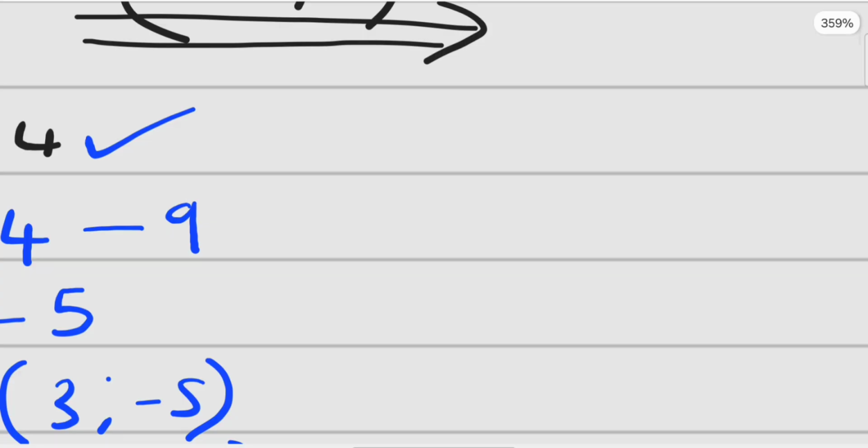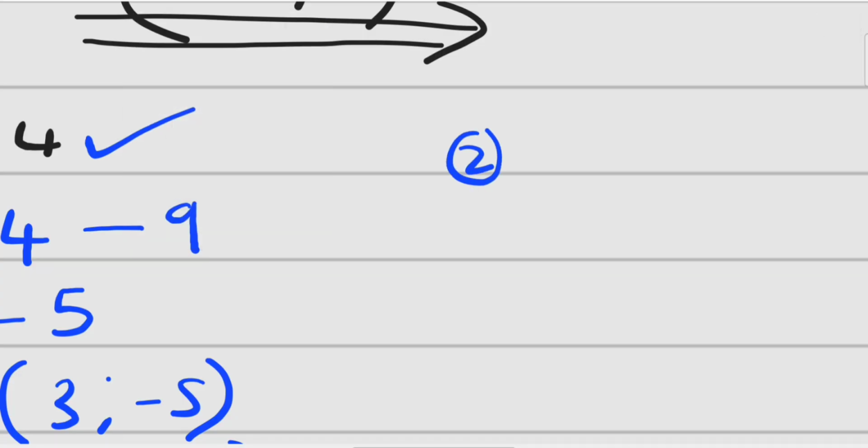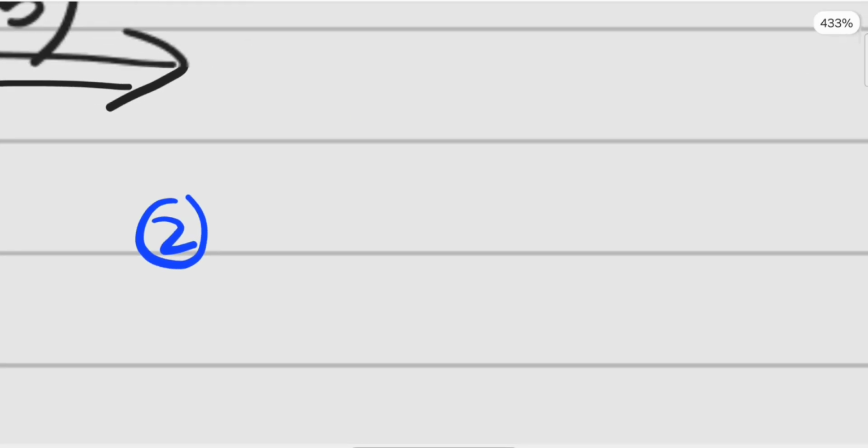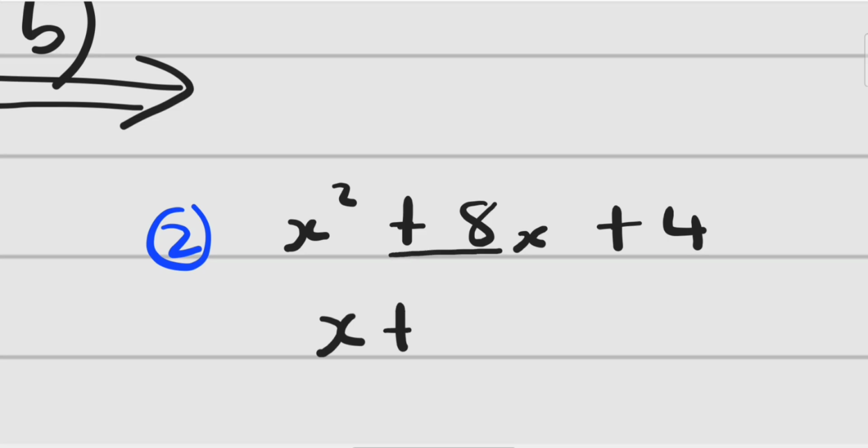Let's do another one. So for the second example, let's use x squared plus 8x plus 4, like this. Looking at this, we can see that the coefficient of x squared is 1 already, so we can go ahead and write x plus, then half of this, that's 4. I put a plus here because there's a plus here.